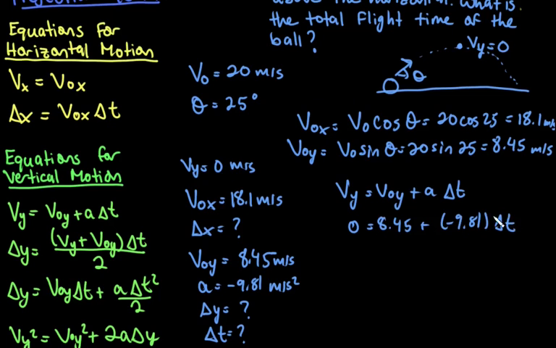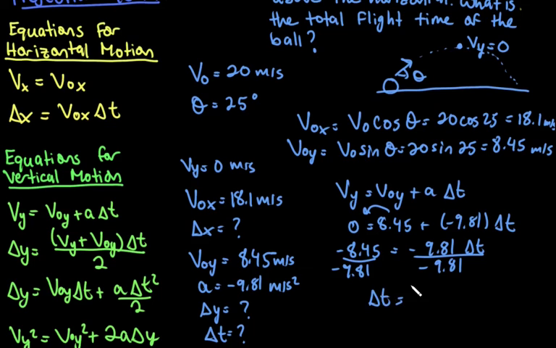We bring this guy over, it becomes negative 8.45 is equal to negative 9.81 times delta t. Divide both sides by negative 9.81, and we get delta t is equal to 0.86 seconds.